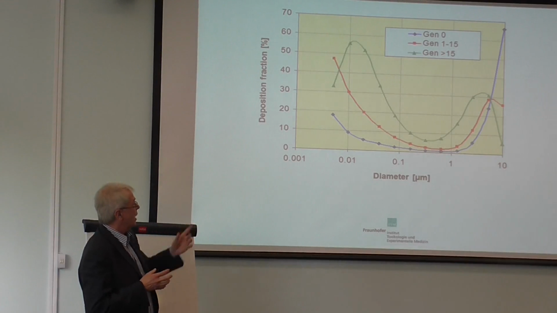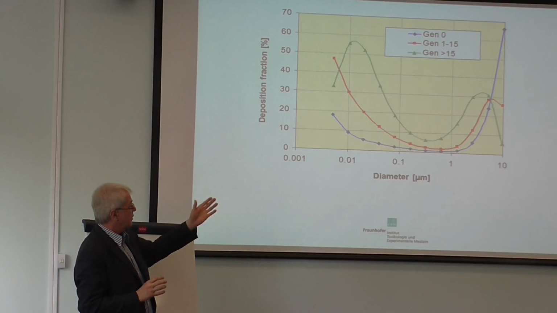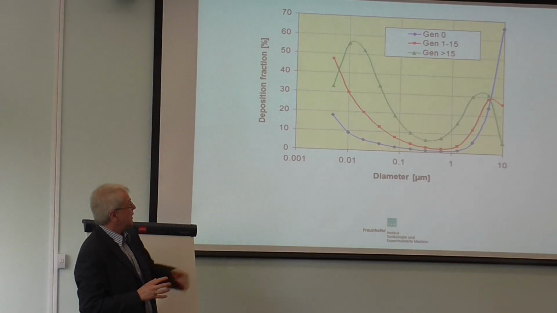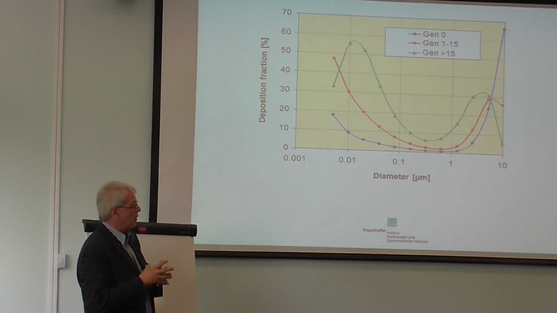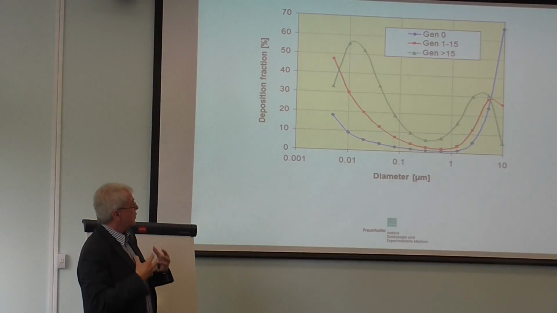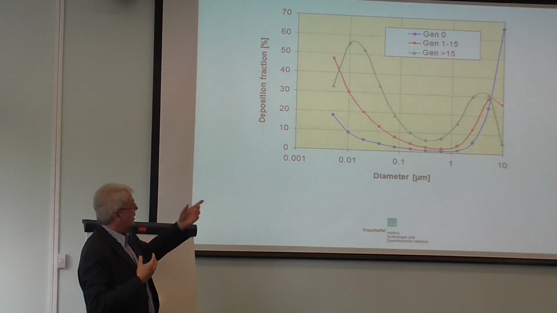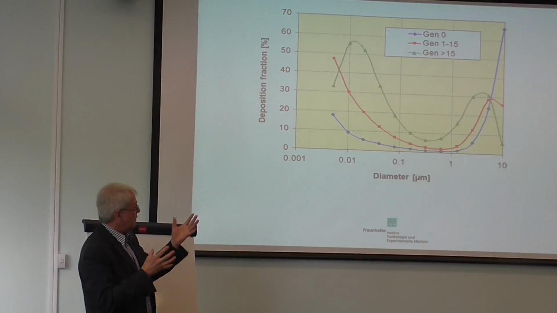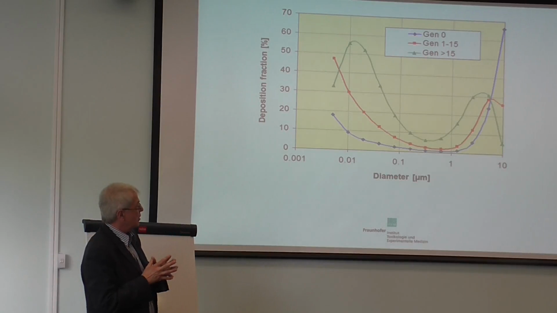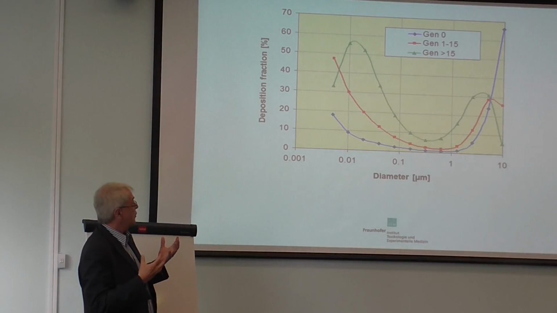So I picked the generation 0, which is primarily the head, so that means that the large particles are removed already in the head airways, whereas in the generation 1 to 15 you get more bronchial deposition for particles, or more deposition for particles, let's say, of a few micrometers up to 10, and again for very, very small particles, deposition by diffusion.